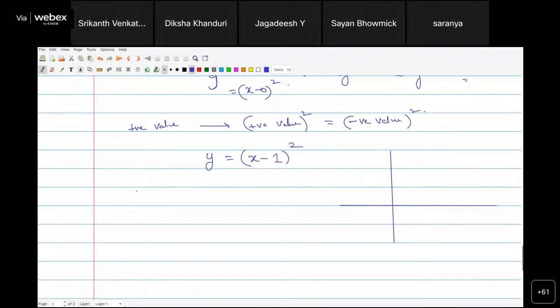The y-intercept is 1. The vertex moves 1 unit towards the right. Vertex is 1, correct?